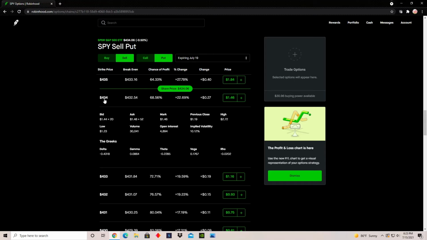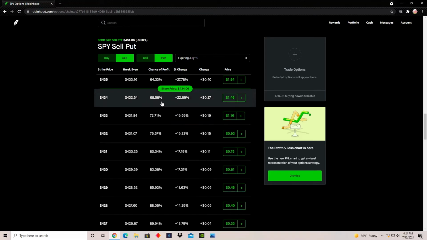Similarly, on the left side, you have the strike price for the options contract, which is $434. Since you're dealing with 100 shares, you have to multiply this value by 100 as well. This number tells you the amount of money you need as collateral in order to sell this options contract.